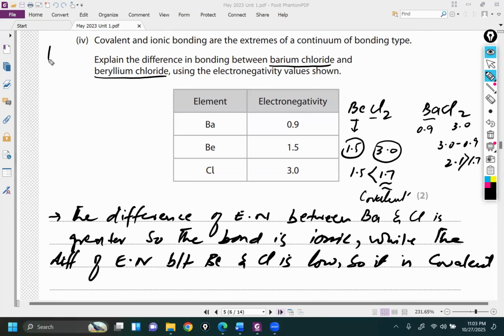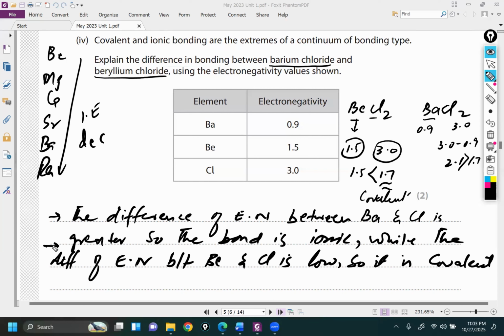Look here, beryllium, magnesium, calcium, strontium, barium, and then radium. Down the group, ionization energy is decreasing. Your answer is enough here, because you just mentioned the electronegativity difference, you are strict to the question. So barium chloride is ionic, while beryllium chloride is covalent.